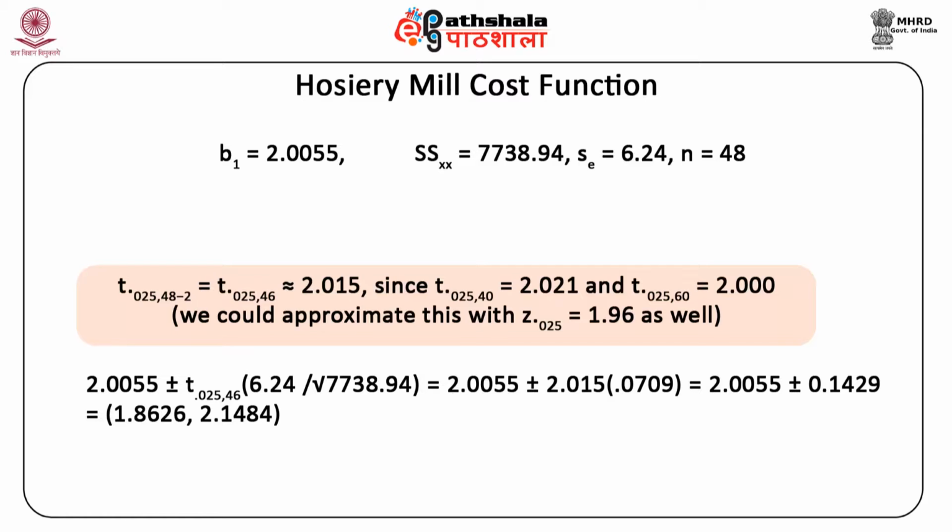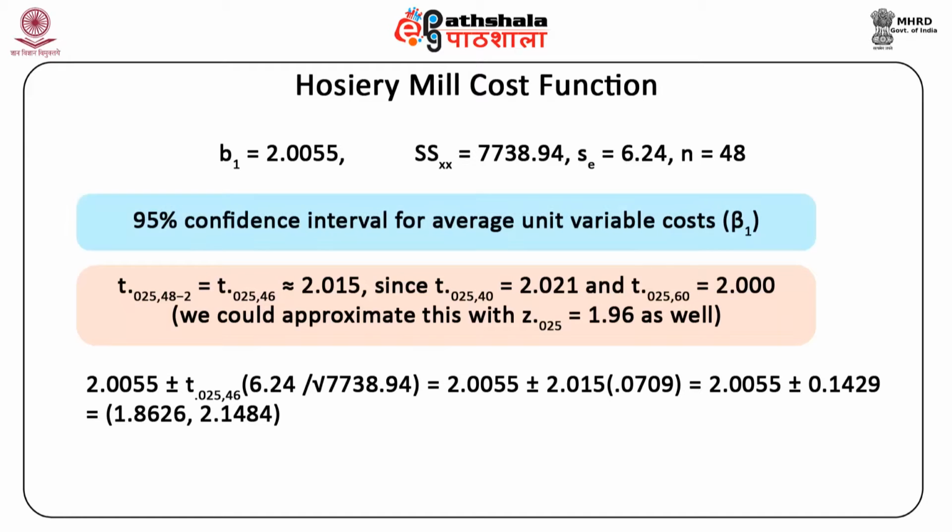And this gives us the confidence interval of 1.8626 and 2.1484. So we can say that we are 95% confident that the true average unit variable costs are between $1.86 and $2.15.